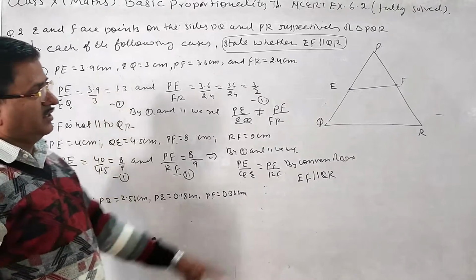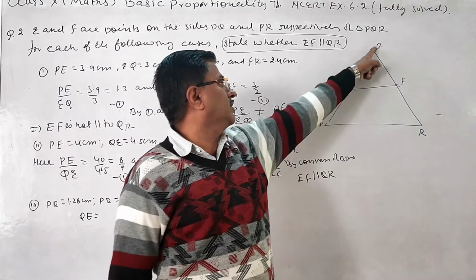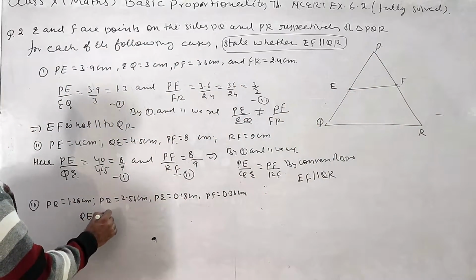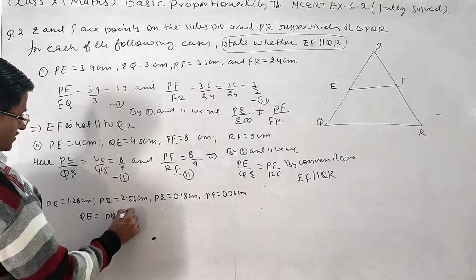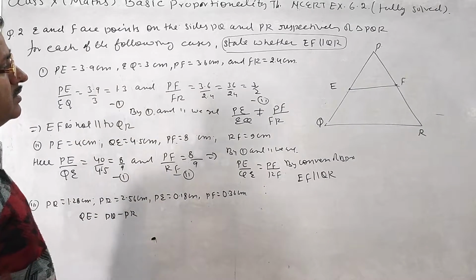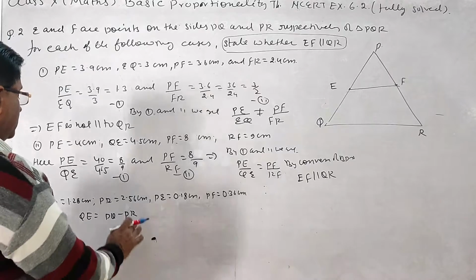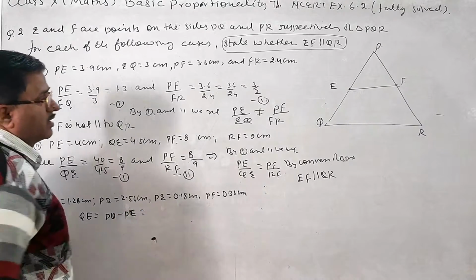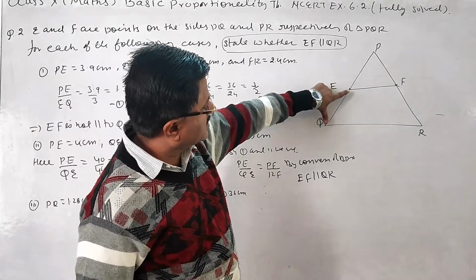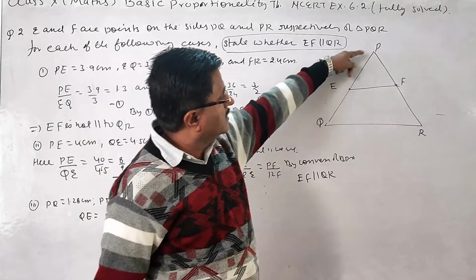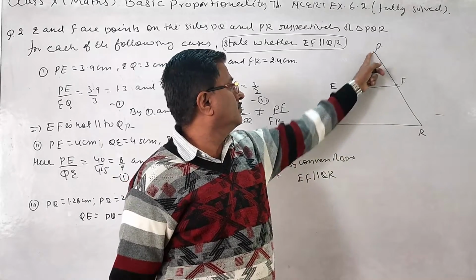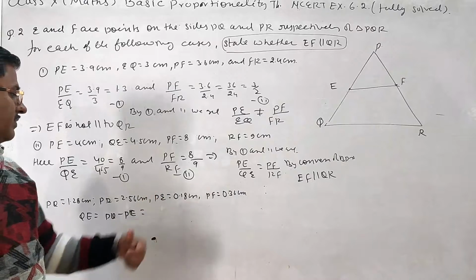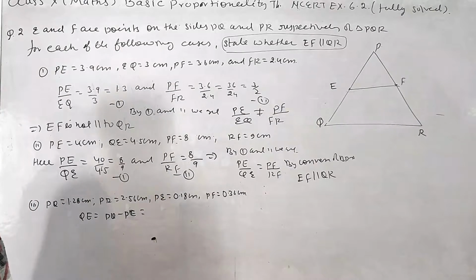So from the figure, this side QE can be written as PQ minus PE, not PR. This is PE. See very carefully, this QE can be written as PQ minus PE, because QE is not given, that's why we have to find it.